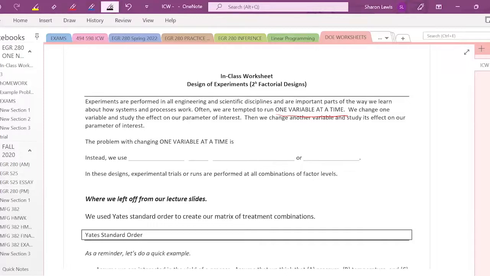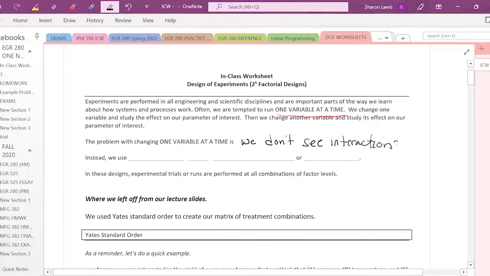But the problem, and it's a big problem, with changing one variable at a time is we don't see the interactions between those variables. And that can be a very important part. And if we overlook it, our results can be wrong, misleading. So it's important to make sure that we are paying attention to interactions.